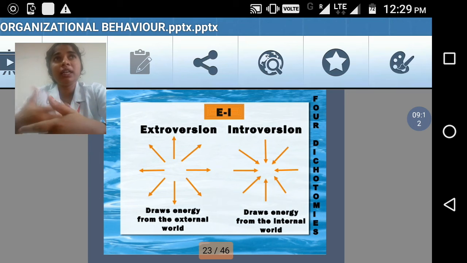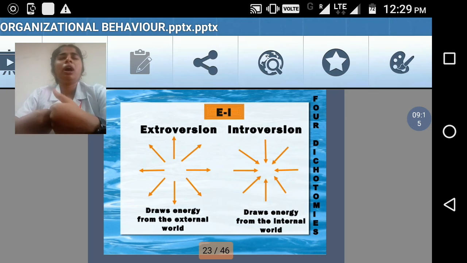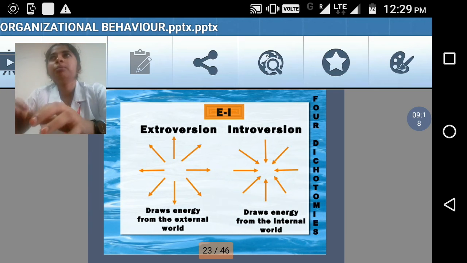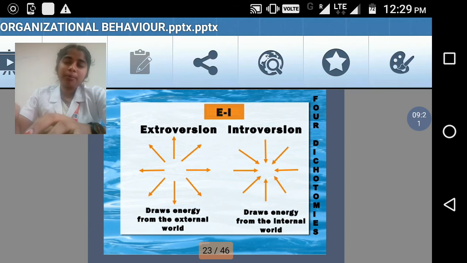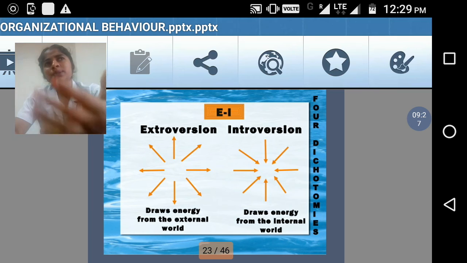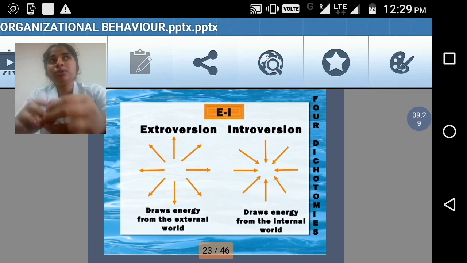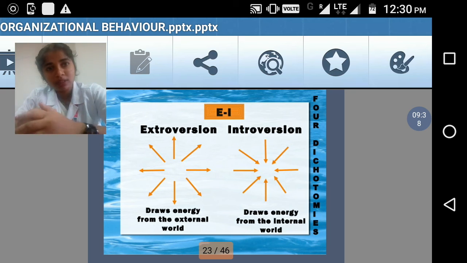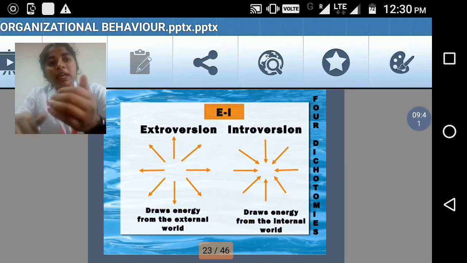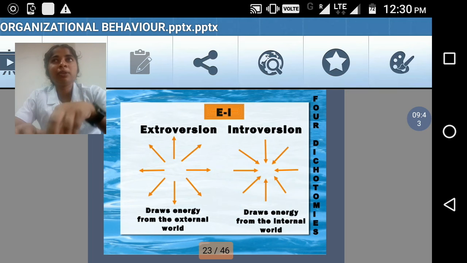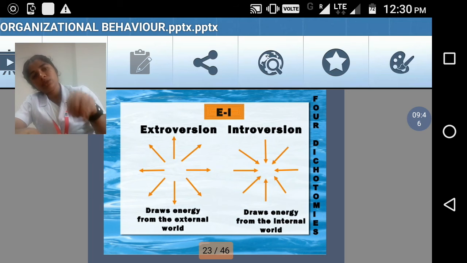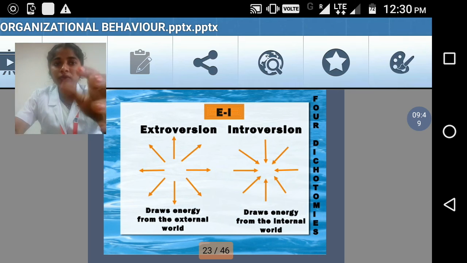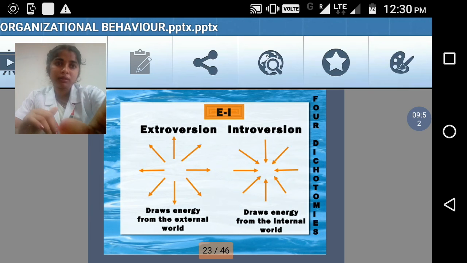If you are moving in other places, at functions, colleges or workplaces, and in the morning we enter the campus or company with a smiling face, other people seeing our face also feel very happy and carry themselves in a good manner. So we need to spread our positive vibration to others. But an introvert is not like that; they draw energy from the internal world because they have their own circle, and they circulate within that. That is the difference between extroversion and introversion.